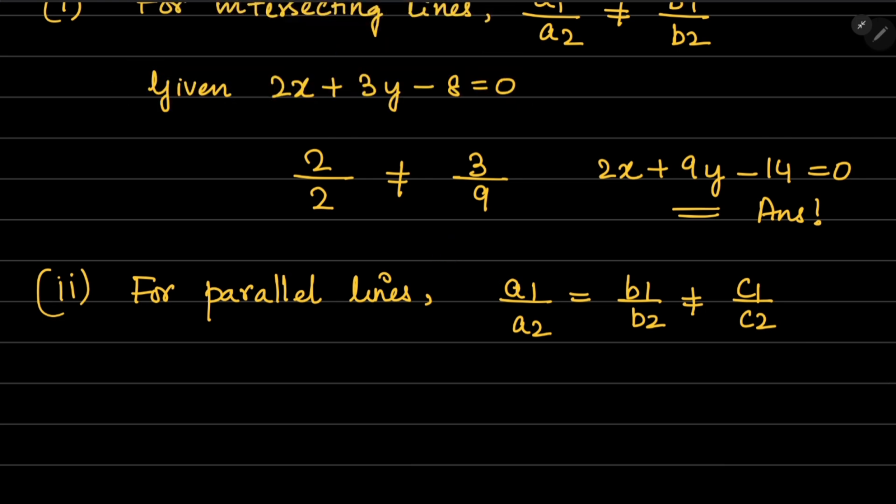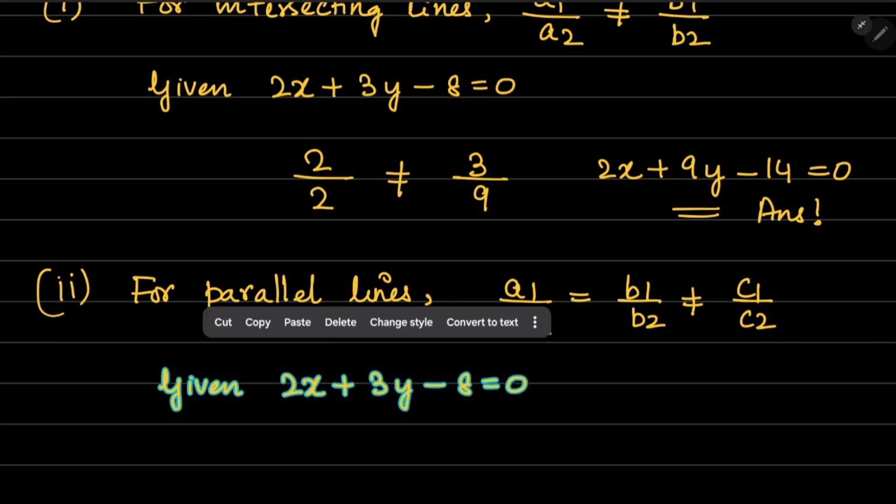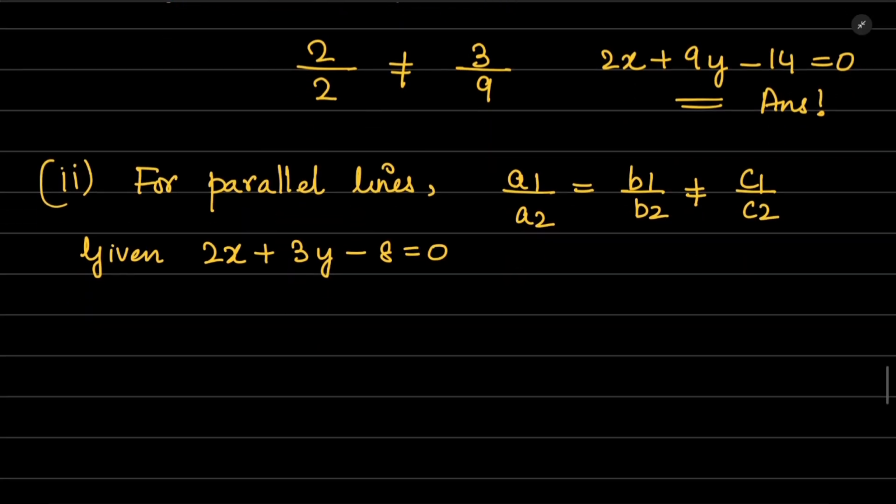For the given linear equation, we have to find a pair of it. So this is given. Let me also write the same: 2 by something is equal to 3 divided by something, which should not be equal to minus 8 by whatever.